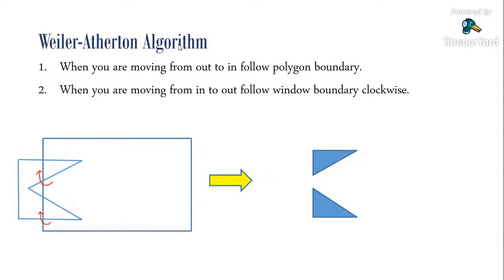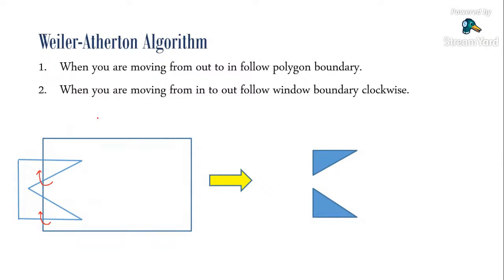Now in the Weiler-Atherton algorithm, what do you have to do? You follow the same process, like left clip, right clip, bottom clip, top clip, as in the previous algorithm. Only there are two changes you must make.